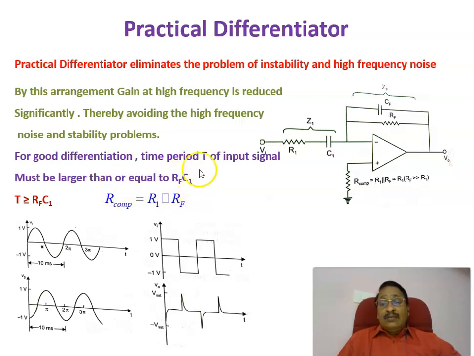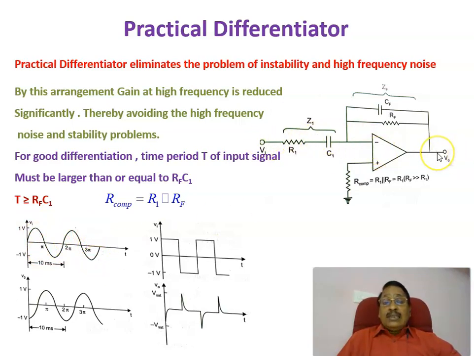The time period should be much higher than RF into C1. That is, the time period of the signal should be much higher than the feedback resistance RF and the input capacitance C1.